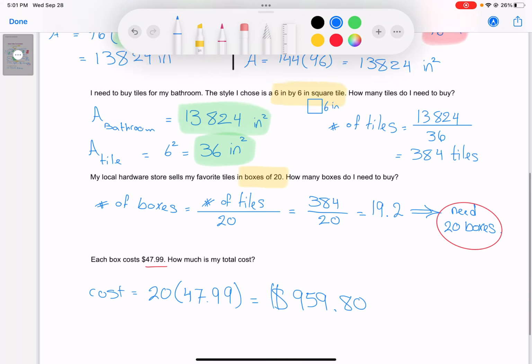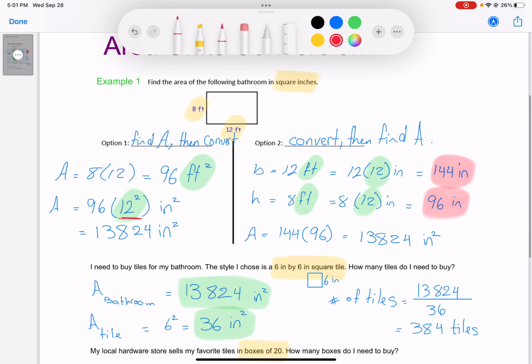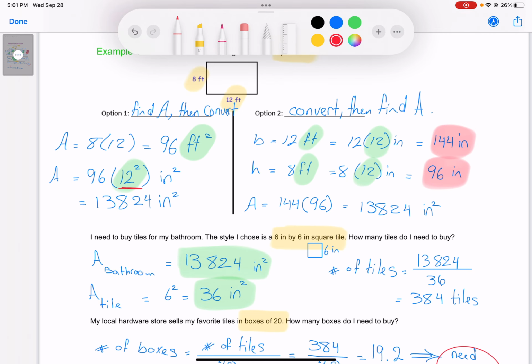So again, there are two methods to convert. You can find the area first and then convert. But if you do that, you have to remember to square your factor of conversion, or you can just convert and then find the area.